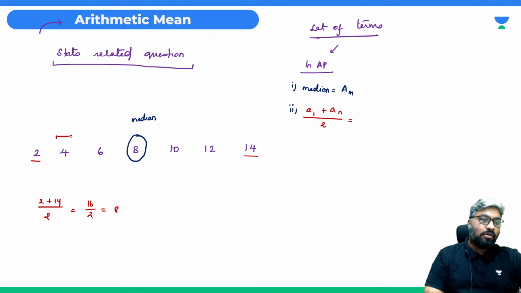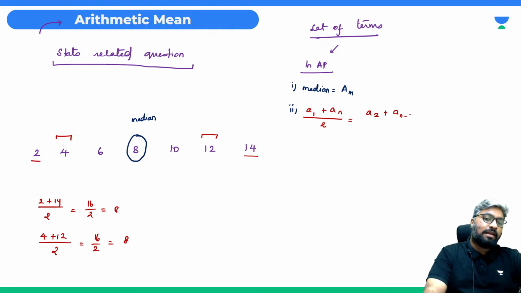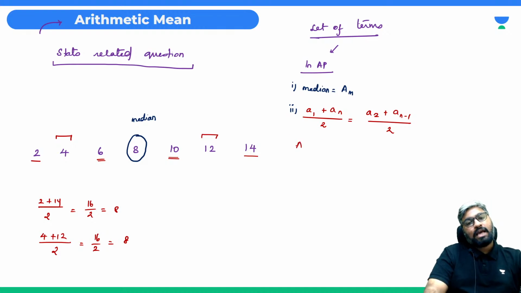Also, if you noticed, what will be the average of 4 and 12, guys? 4 plus 12 by 2, same 16 by 2, 8. Equidistant terms: a2 plus an-1, take their average. Are you understanding this? The average of 6 and 10 will be the same 8 only. Equidistant terms, right? So you can say that the arithmetic mean will be the same as the arithmetic mean of equidistant terms.